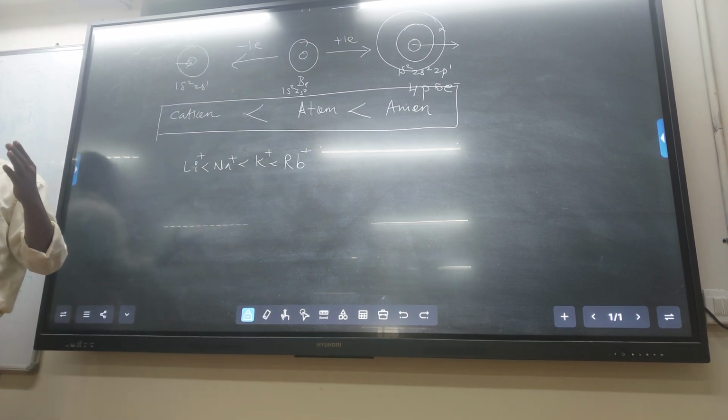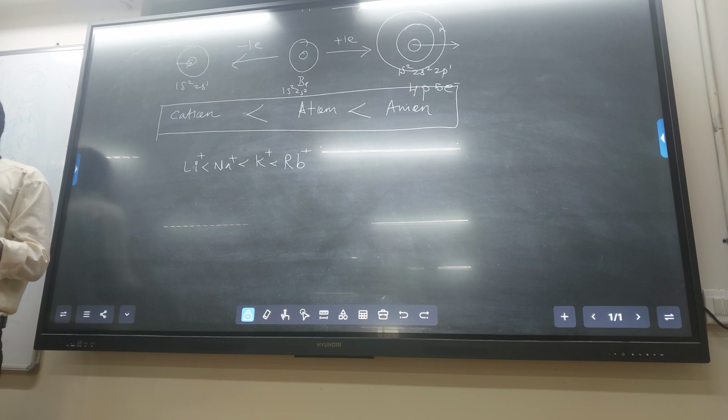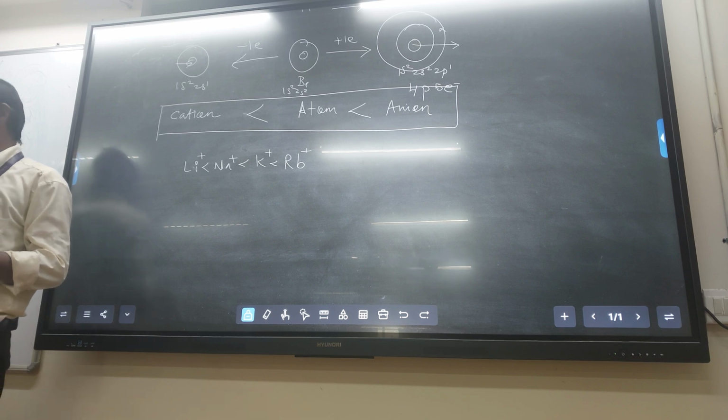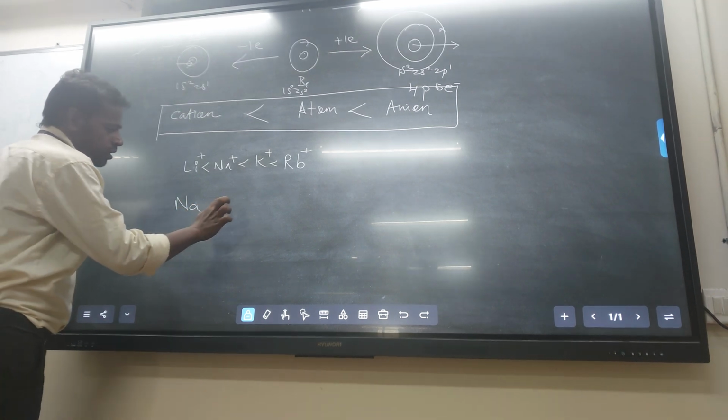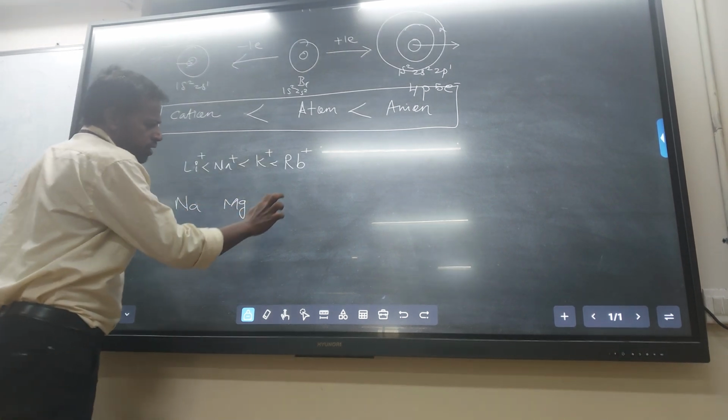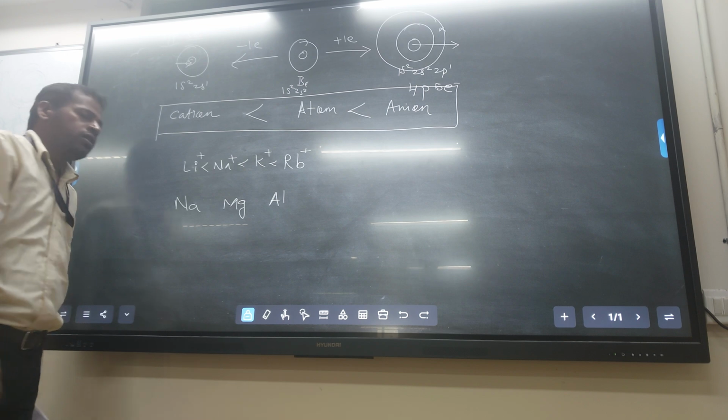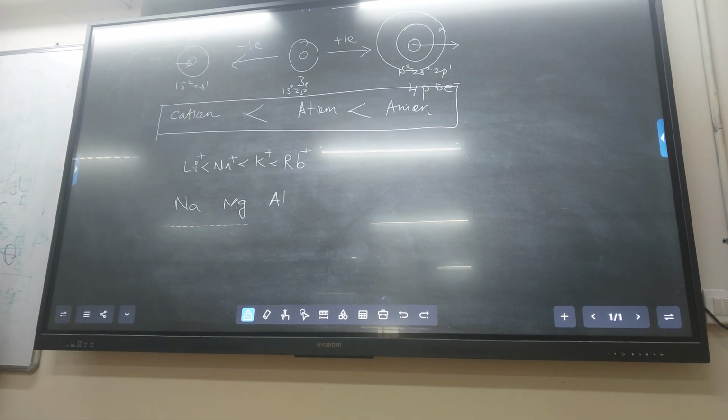You know that these are the first S block elements: lithium, sodium, potassium, rubidium, cesium. The ionic radius increases from top to bottom, the general trend. But similarly, take the other example: sodium, magnesium, aluminum.